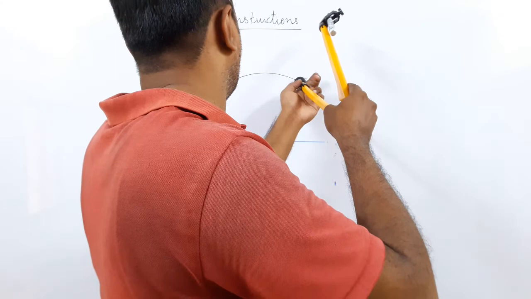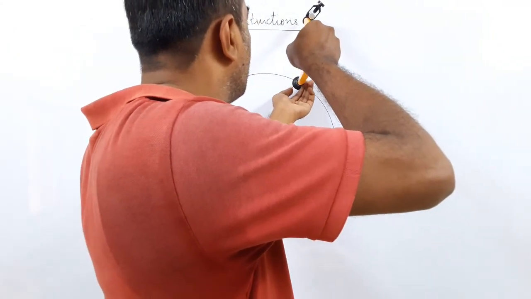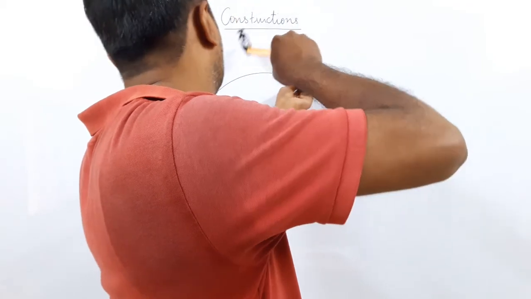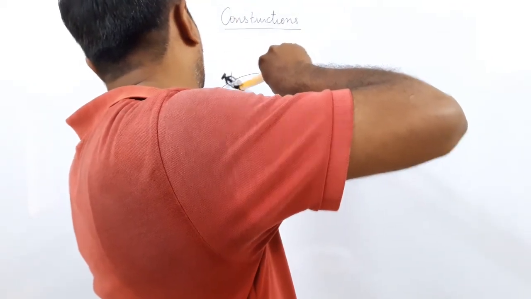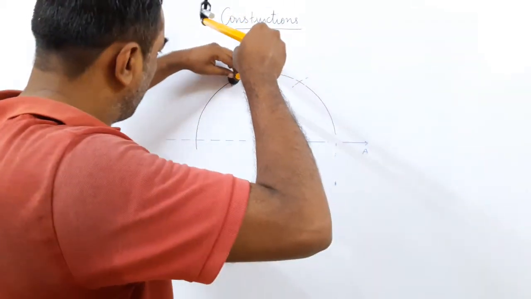Then here, trying to be a little accurate, this was 60, I will do the 120, and trying to be a little more accurate this time, brown.